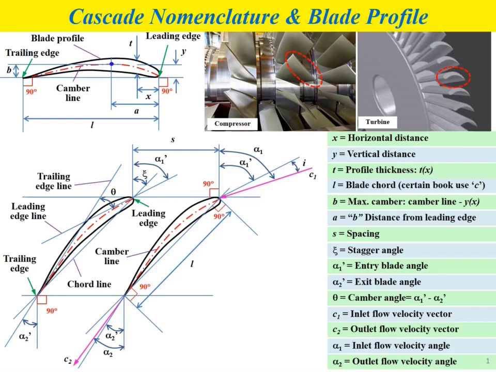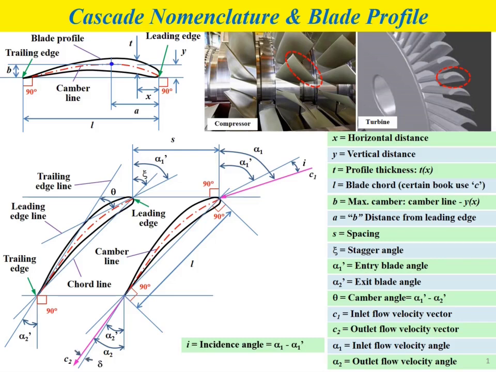Next, i is the incident angle, which we can calculate using the formula alpha 1, the inlet flow velocity angle, minus alpha 1 prime, the inlet blade angle. If you refer to the figures of the cascade blade arrangement, i is the angle between the inlet flow velocity vector and the leading edge line.